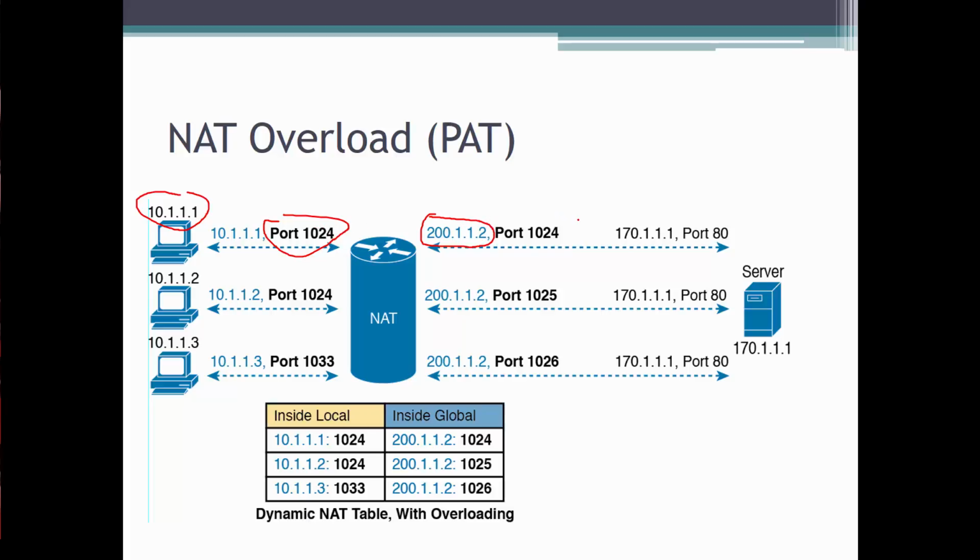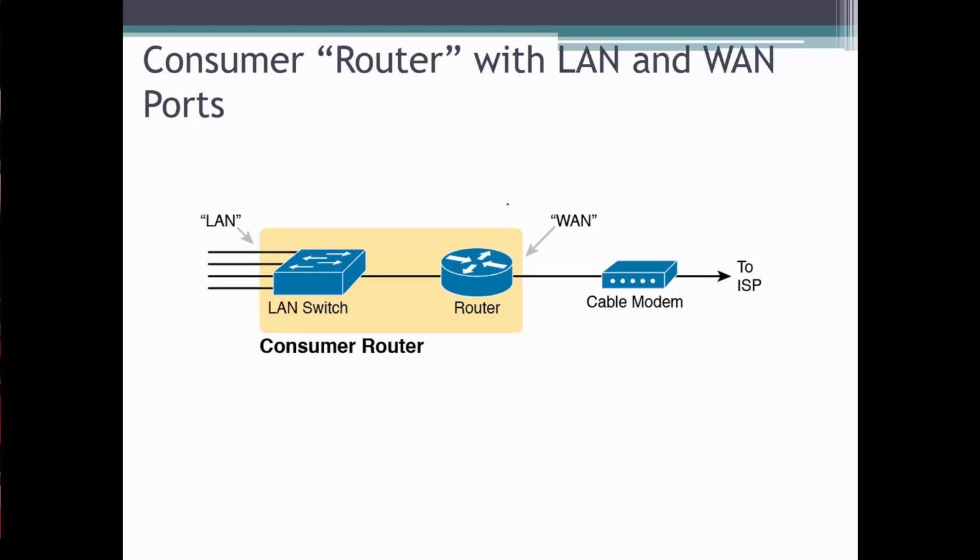That way when the NAT router gets back the response for the IP and the specific port number, the NAT router will go, oh, that's really for this inside private IP address. But notice all of these are mapping to the same IP, but each of them have a different port number. That's part of that NAT overload or port address translation or PAT.